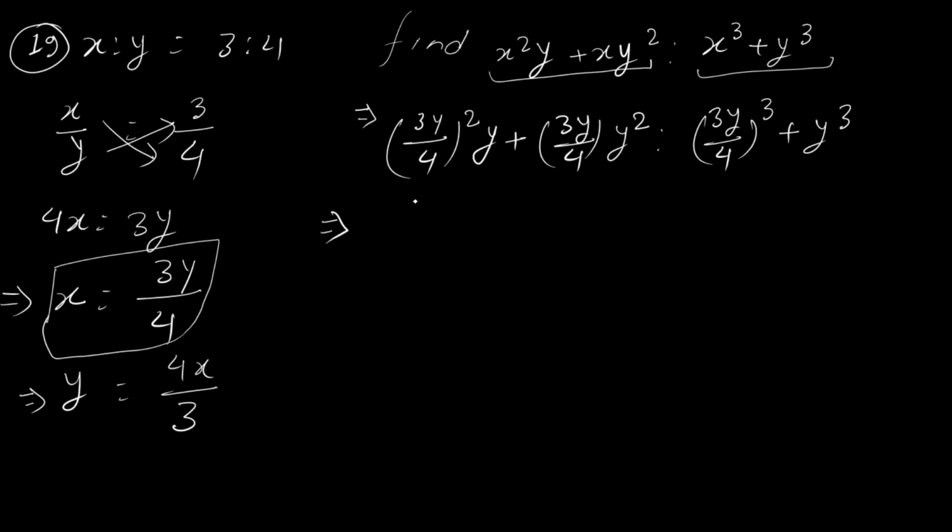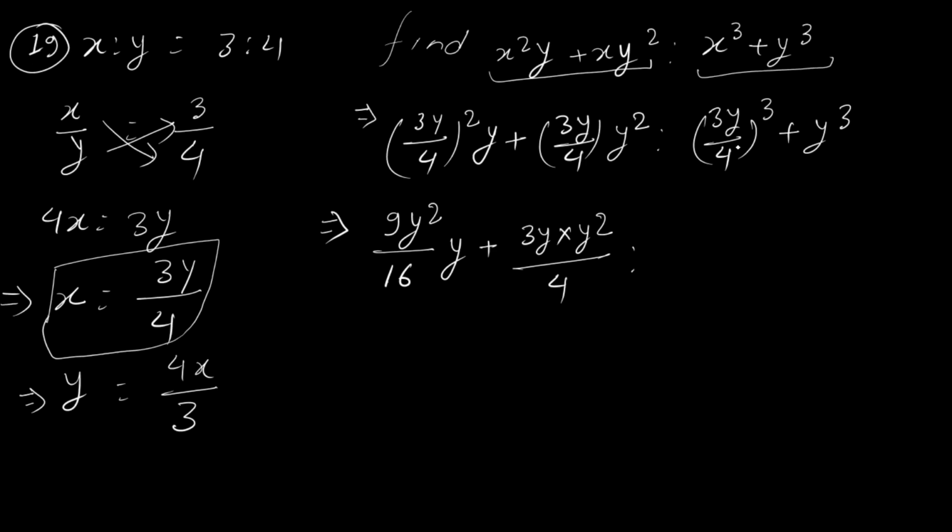Be alert. 3 3s are 9 y square, divided by 4 4s are 16. Why this y? Since it was there from the beginning itself. Plus 3y multiplied by y square divided by how much? 4, sir.